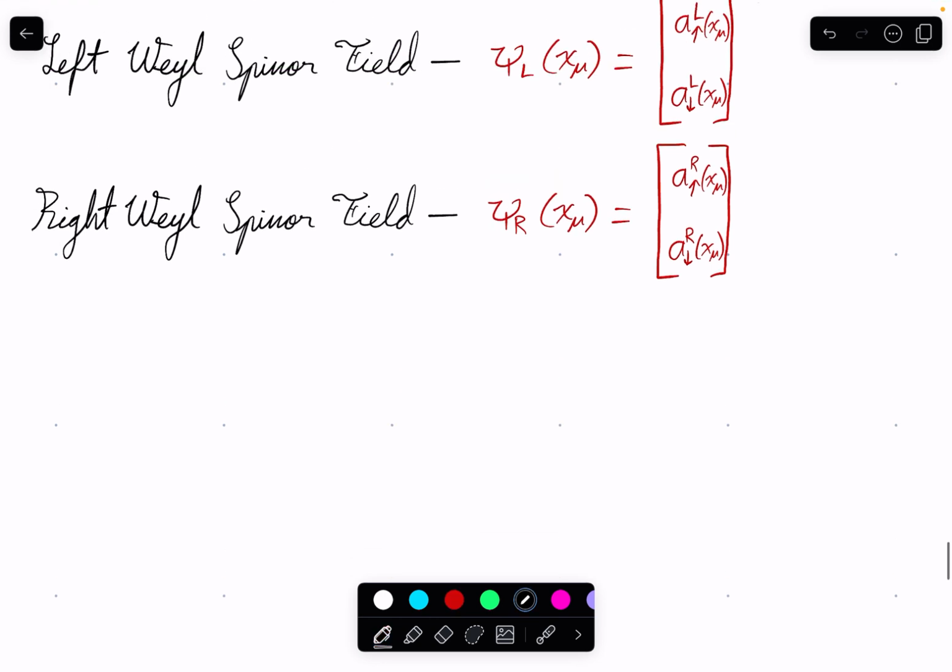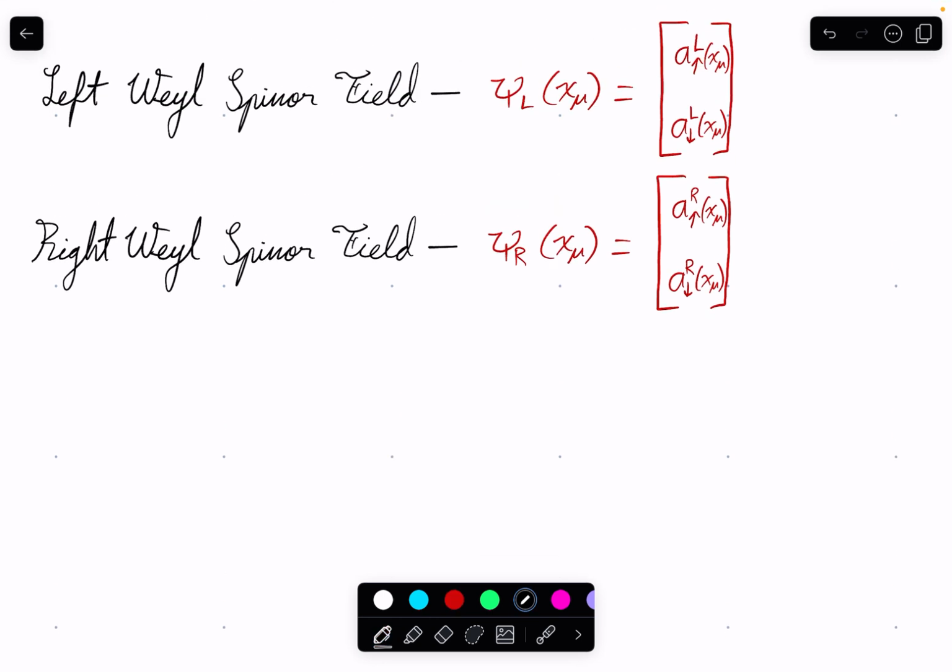And there is something called a Dirac spinor field.